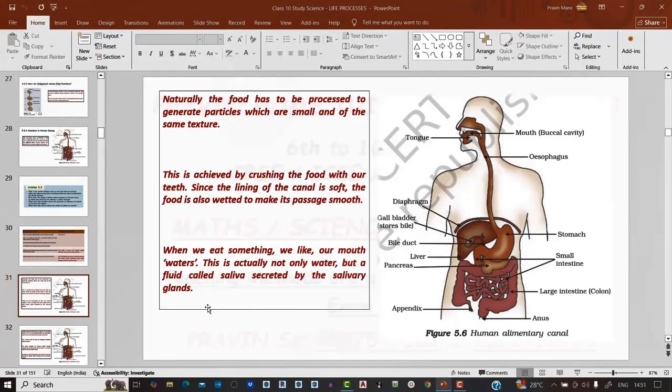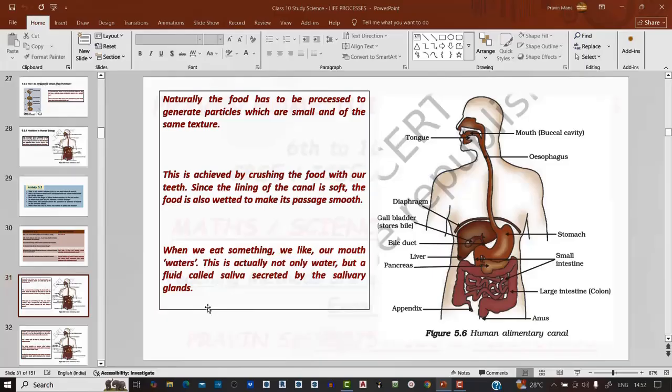Now, we will see how the nutrition process takes place in human beings. First, we'll study the different parts of the human alimentary canal.